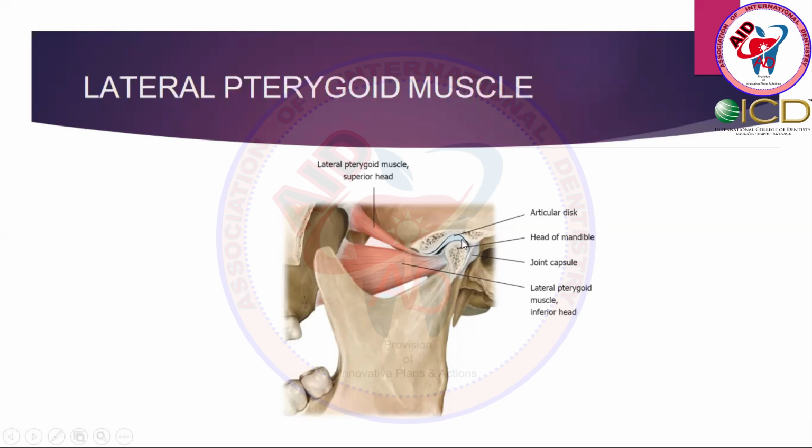Remember very nicely, the articular disc is attached to the superior head of the lateral pterygoid muscle, while the inferior head is directly attached to the neck of the condyle, and it is moving to the lateral aspect of the lateral pterygoid plate.